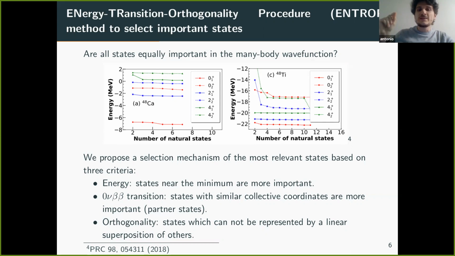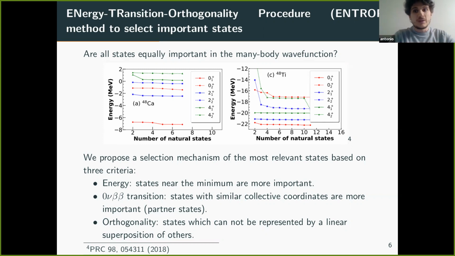So this is what we're going to do with this last criterion. For any candidate state to be included in the set of selected states, we compute the projection of this state onto the subspace of selected states. And this will give a number between 0 and 1. If it's very close to 1, it will be discarded, because that means that it can be represented by the set of selected states already.